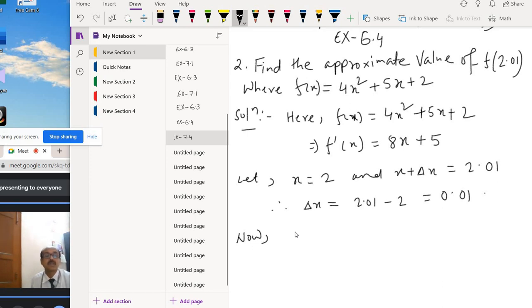Now f of x plus delta x, that is f of 2.01.